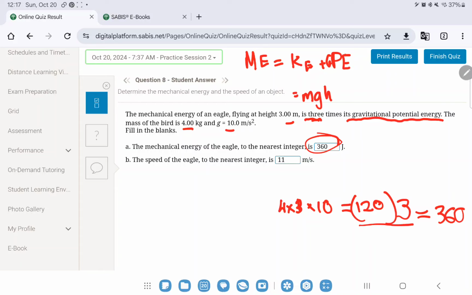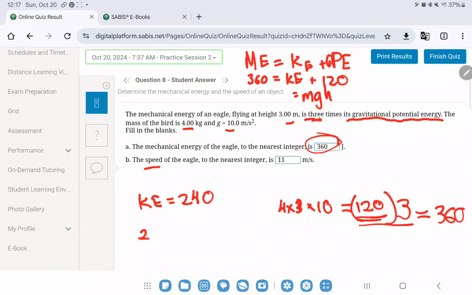Now for the second part, we already said that mechanical energy equals kinetic energy plus GPE. And if you want to find speed, you need to find kinetic energy first. So if this is 360 and this is KE and this is 120 as we found, then KE equals 240.